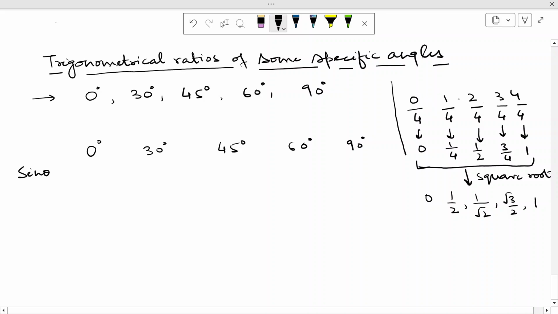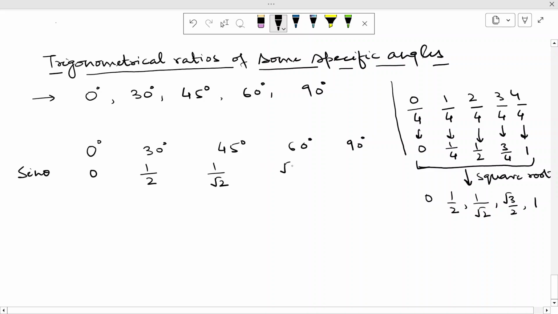The square root of 0 is 0, the square root of 1 by 4 is 1 by 2, the square root of 1 by 2 is 1 over square root of 2, then root 3 over 2, and 1. So, what we did here is write down the first 5 numbers 0, 1, 2, 3 and 4 and divide each by 4. 0 by 4 gives 0, we keep 1 by 4 as it is, 2 by 4 simplifies to 1 by 2, 3 by 4 remains as it is, and 4 by 4 is 1. Finally, we take the square root. Once we are done, the first row is ready.